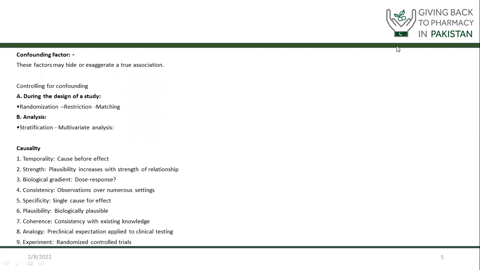And then during the analysis, we can also stratify. For example, I'm finding whether alcoholic persons have coronary artery disease. So I will see how many alcoholics with smoking have coronary artery disease, or how many non-alcoholics or alcoholics without smoking have it.